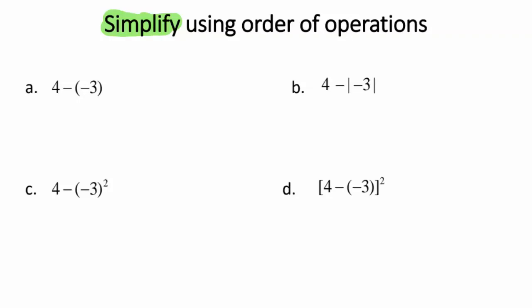Now, you have to remember that this negative in front of the -3 is saying take the opposite of a -3, which means that this problem is really 4 plus 3. The answer is 7.